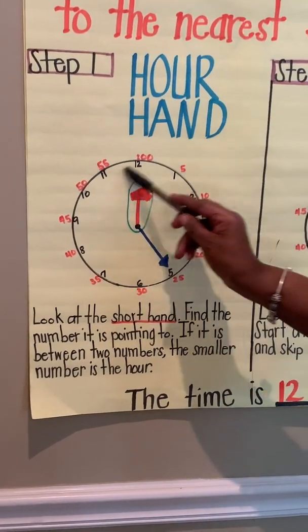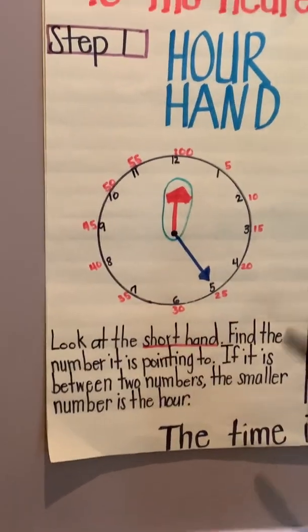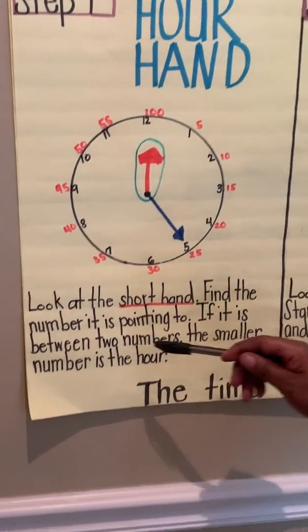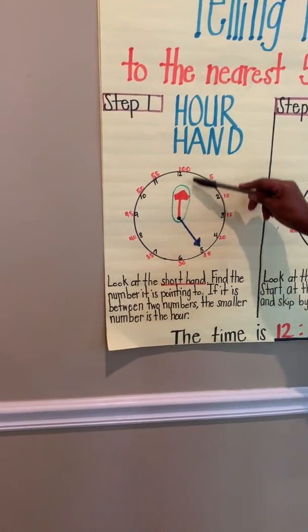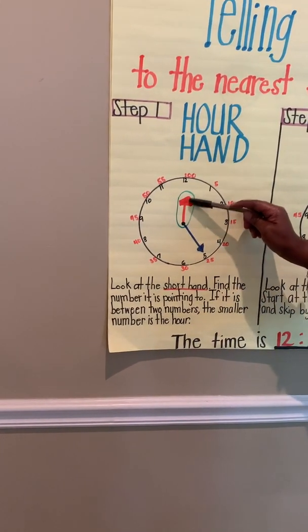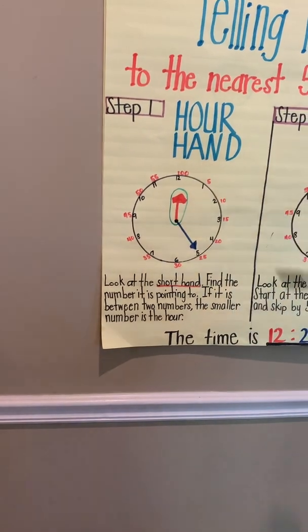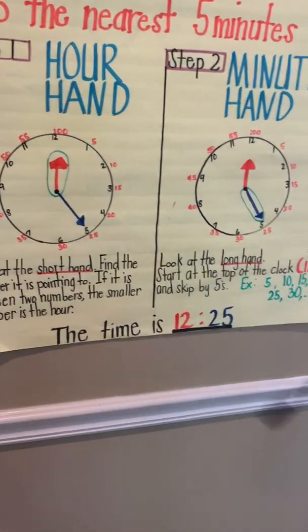So I'm going to give you some examples where the short hand is pointing in between the two numbers, and I'll show you how to figure out what the hour is. So this is what the hour is. This is our hour hand, and it's pointing up directly to the 12. So our hour is 12.